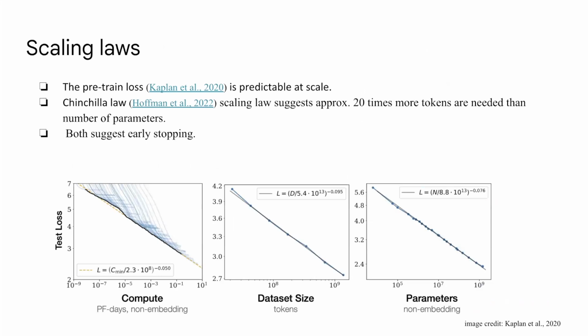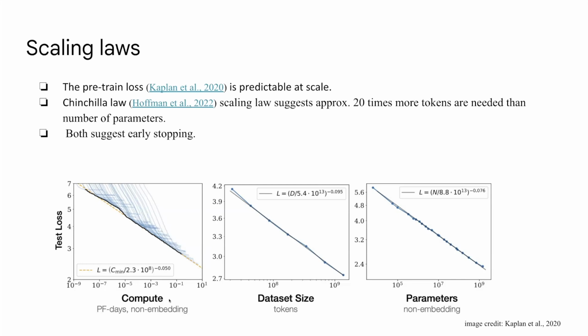So why are people investing so much money in compute and data? This is all about the scaling law. The very popular scaling law that came up for language models was Kaplan. This paper suggested that you can predict the test loss with an increase in the number of tokens and non-embedding parameters, which increases the total compute.